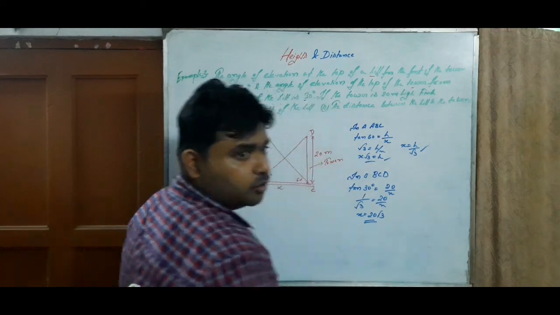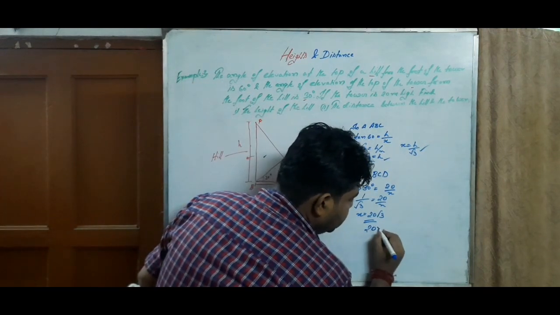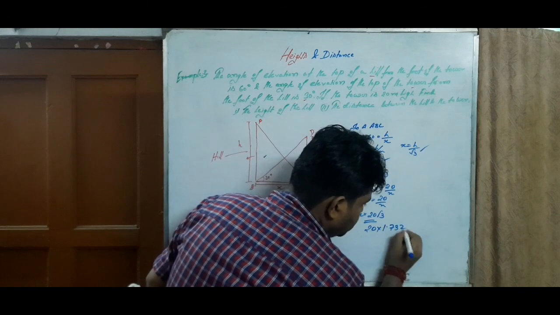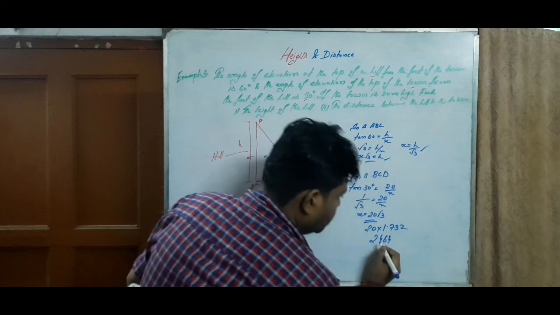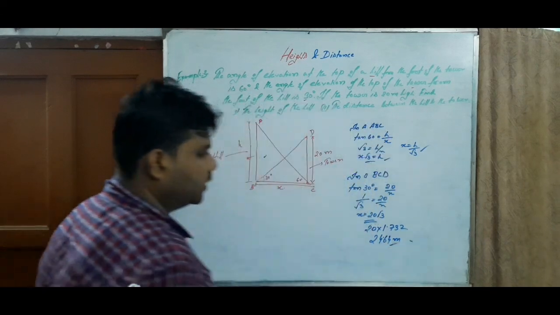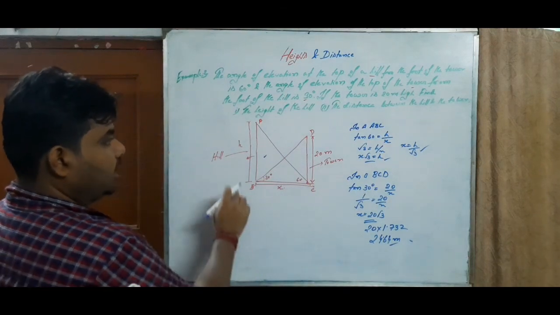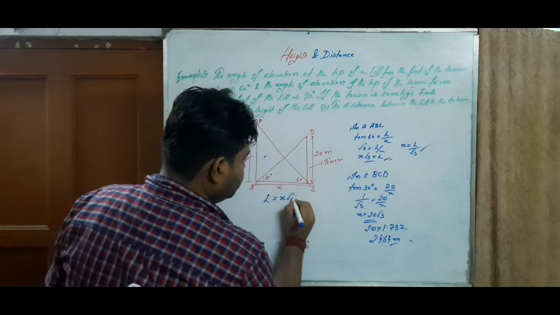If we want to write the value of root 3, we can write 20 into 1.732, that is 24.64 meter.